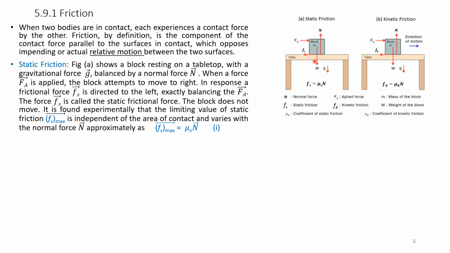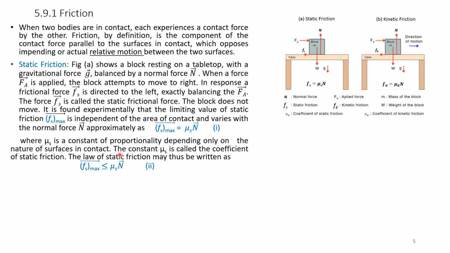It is found experimentally that the limiting value of static friction, Fs maximum, is independent of the area of contact and varies with the normal force N approximately given by the relation Fs maximum is equal to mu s times N. Let it be equation 1.